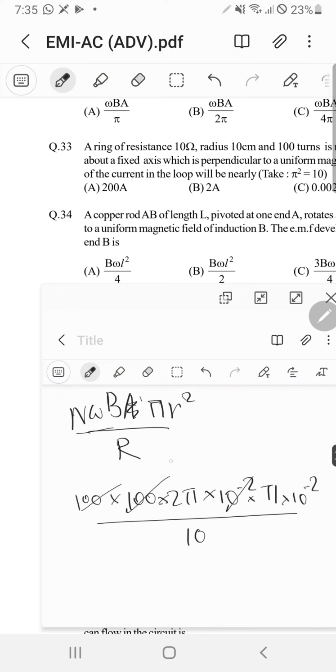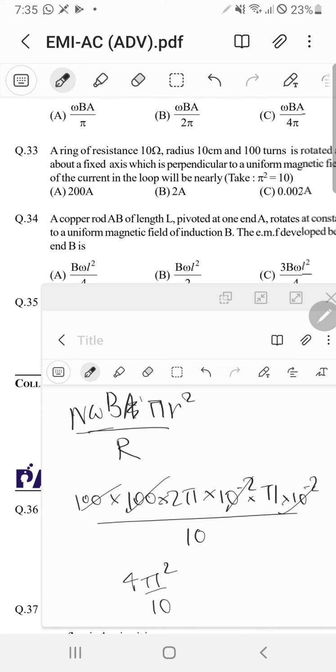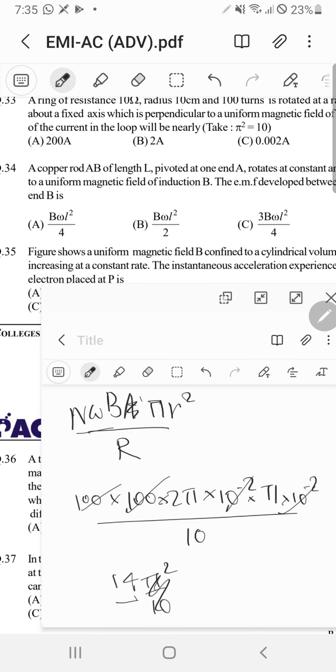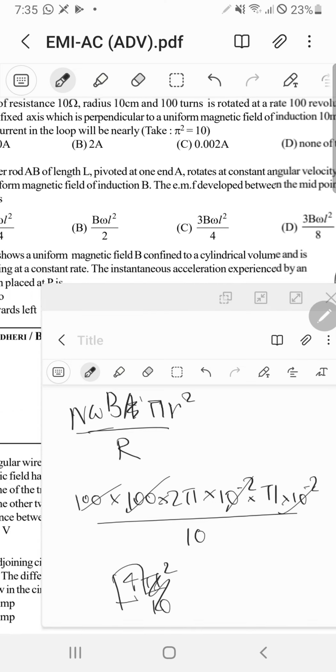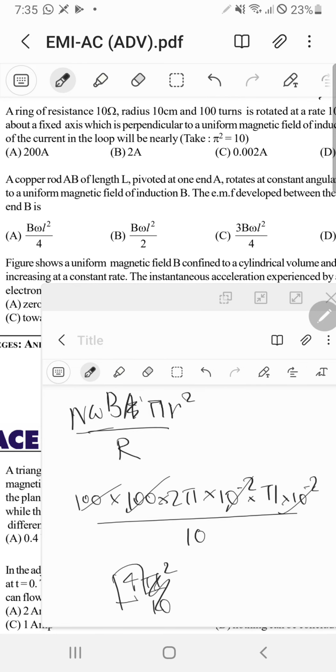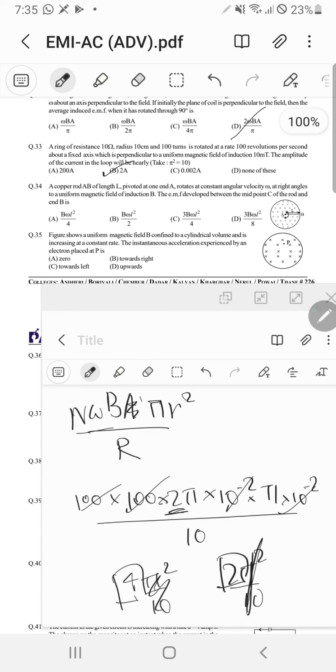Oh, this cancels, cool. So 4 pi squared by 10, and they said that pi squared is 10, so then this cancels, you've got 4. Huh? Is that right? Oh, sorry, why should it be 4? It's 2 over there. So yeah, sorry, 2 pi squared by 10, this cancels, you just get 2. Why was there 4? So 2, that's the answer, right? Cool.